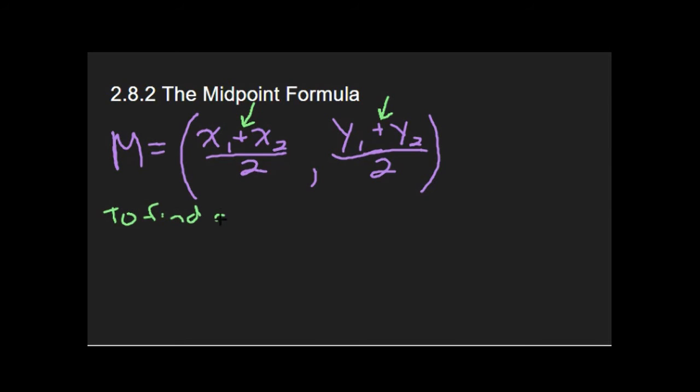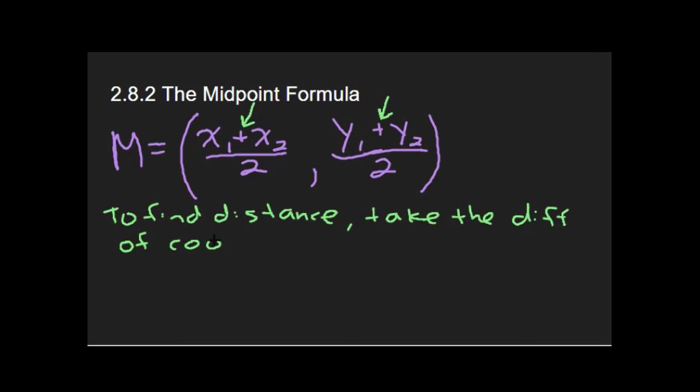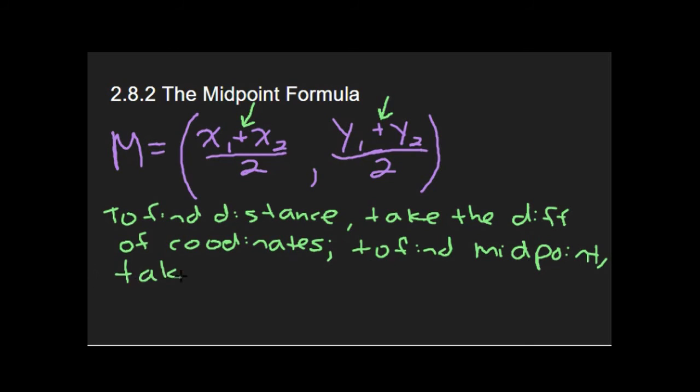To find distance, take the difference of the coordinates. To find midpoint, take the sum.